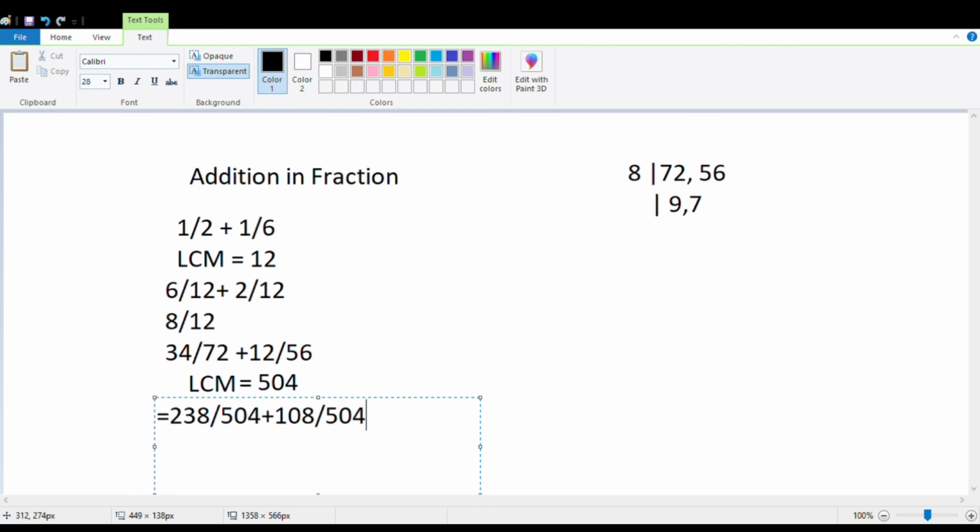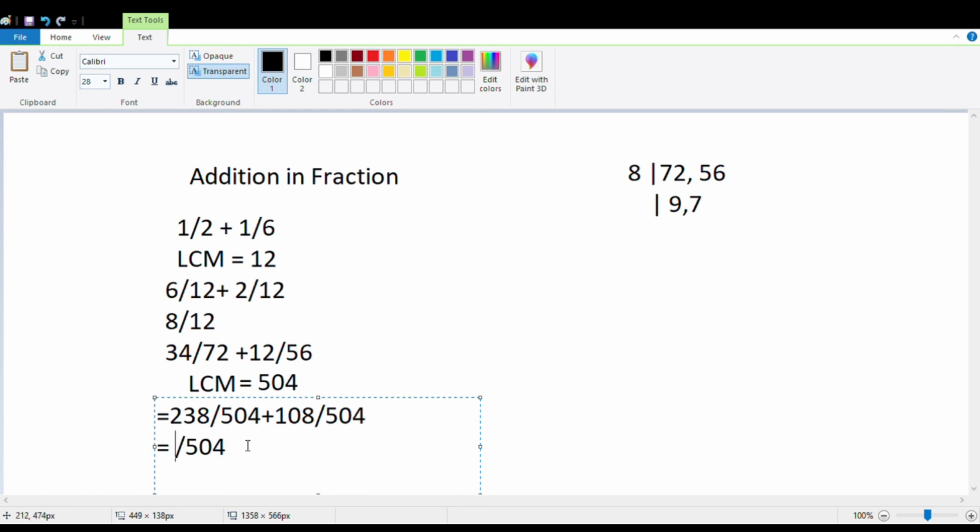So now we understood this. Since the denominators are the same, see, why we are doing this LCM is to make the denominator the same, or else we can't go forward. The answer will have 504 as the denominator.